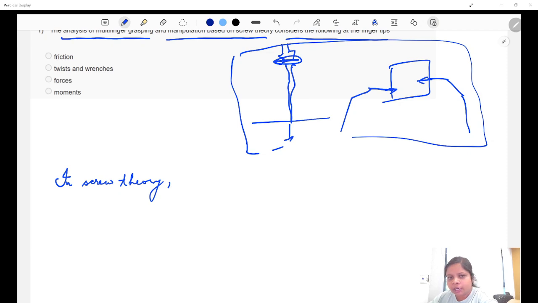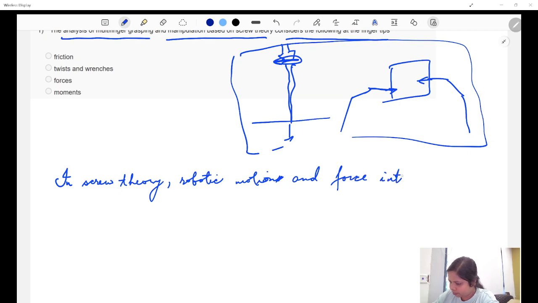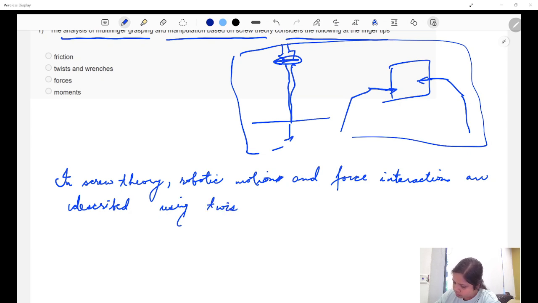In screw theory, robotic motion and force interactions are both described using twists and wrenches.